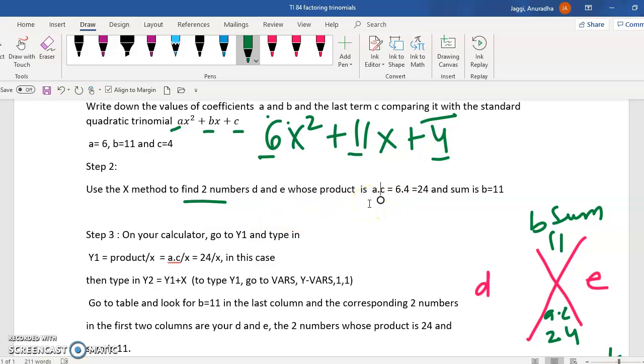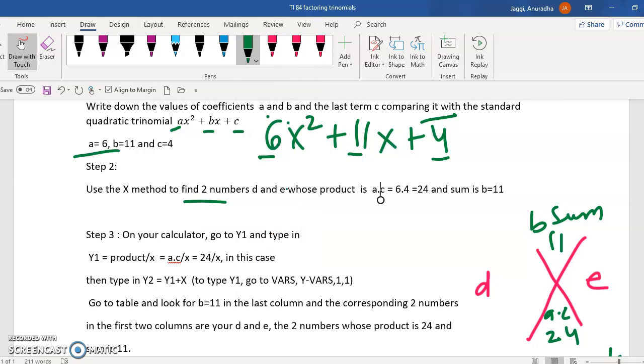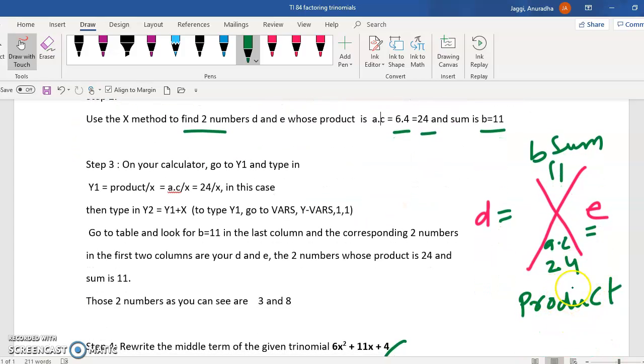A is 6 and c is 4. So the product is a times c, 6 times 4, which is 24 in this case, and the sum is the middle number, b, 11. So we have to look for two numbers d and e whose product is 24 and whose sum is 11.